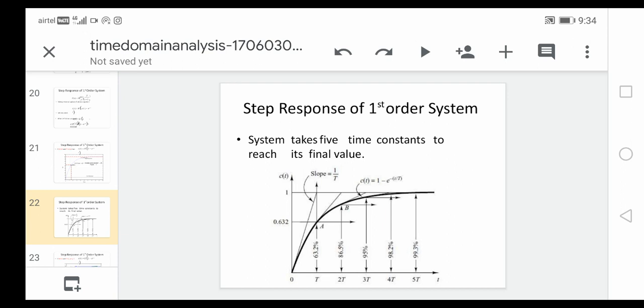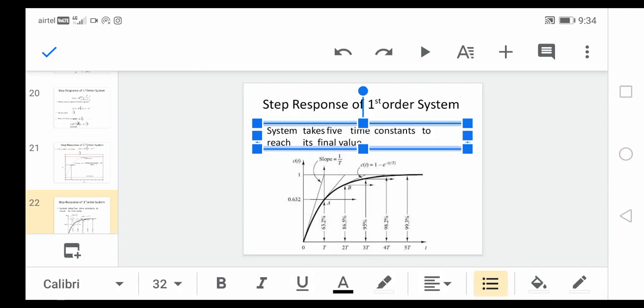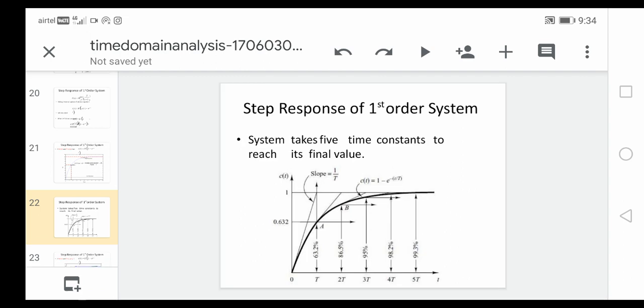Now you take different values of capital T. Whenever you take capital T equal to T, you get the response like this. Whenever small t equals capital T, you get 1 minus e power minus 1.